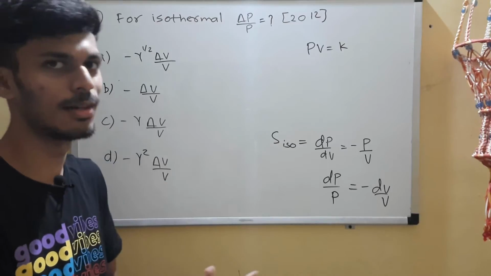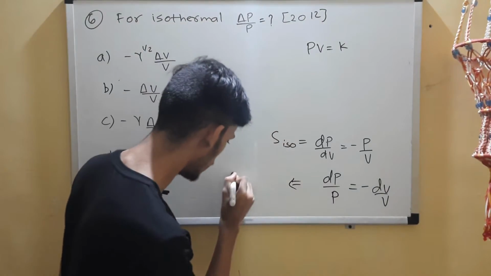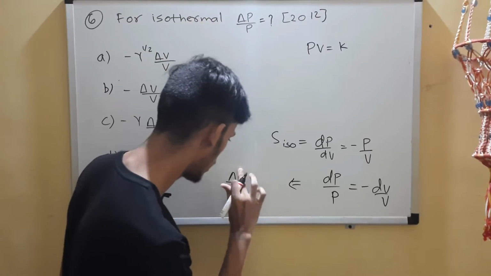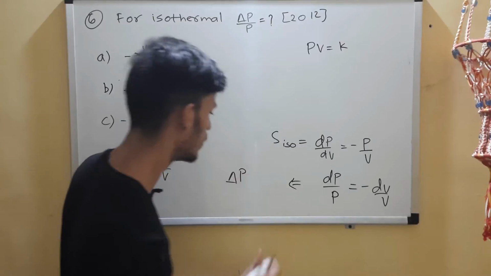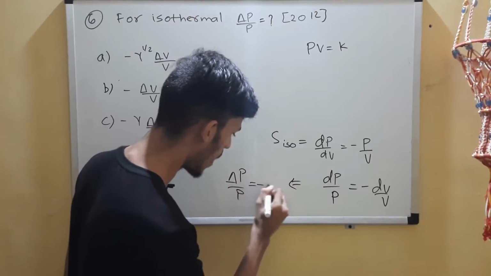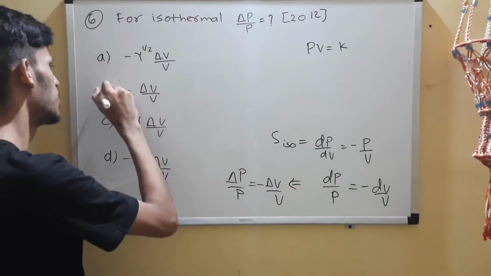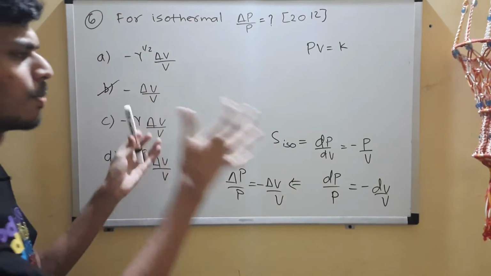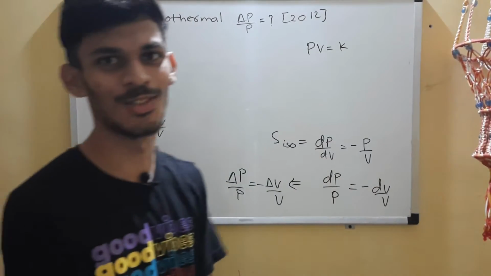If you want to look at the bigger picture, you can convert this d small change into a bigger change, which is delta. Replace that d with delta to represent a bigger change. So delta P by P equals minus delta V by V. Okay, so the correct choice is option B. I hope the approach is very simple, right? So over to the next question now.